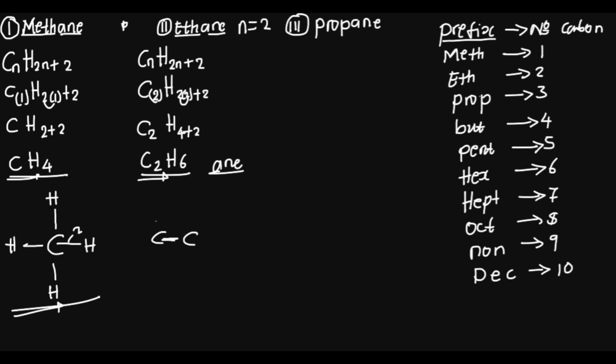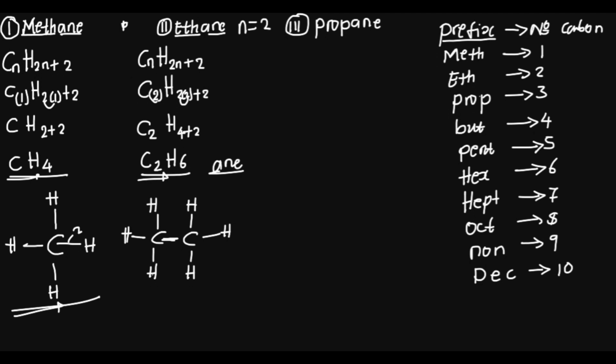Then from there we can see that each carbon has one bond, so we only have 3 bonds remaining. So we put one here, the other one here also. So we'll do the same to the other carbon. So this indicates that we have 1, 2, 3, 4, 5, 6. So this is our 6 hydrogen.